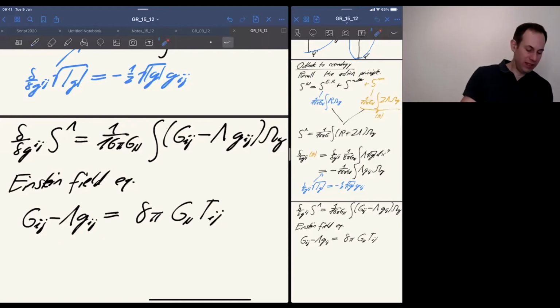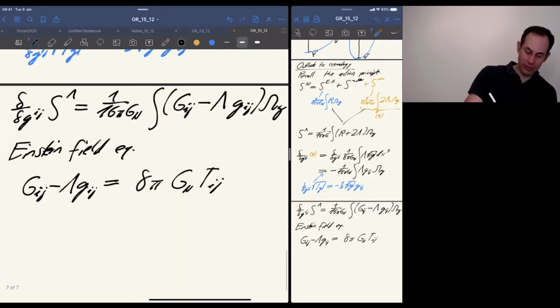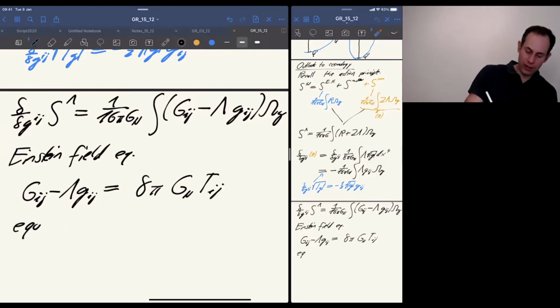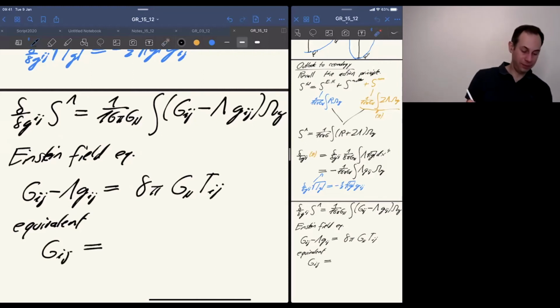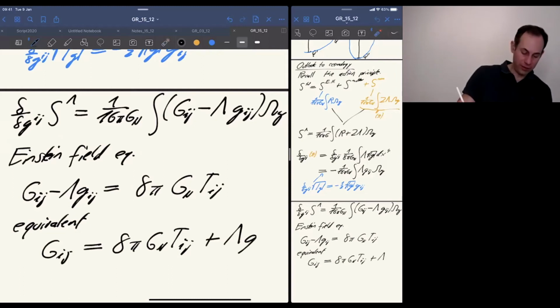Now it's tempting and maybe also not a bad idea to say that this term that we introduced could also be moved to the right-hand side. Why not? So we have here 8 pi G Newton Tij, and then I just put here plus lambda Gij.